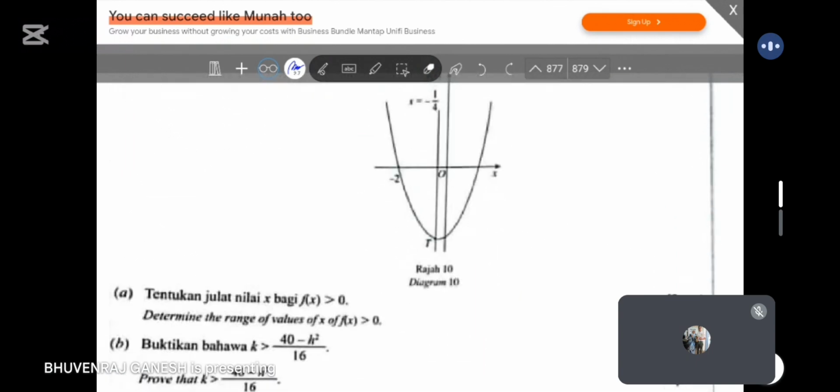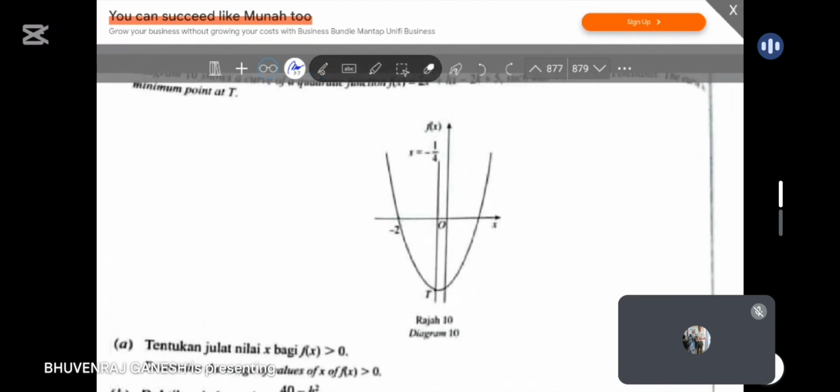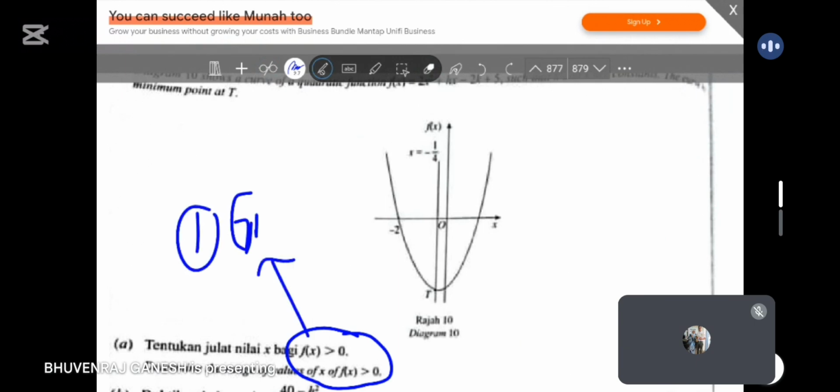For the first part, they ask you to determine the range of value of x when f(x) is greater than 0. Tentukan julat nilai x bila ada keadaan macam ni. So guys, how do we determine the range? Usually there are 3 methods. Ada 3 kaedah. First method, we call it graph sketching. Kaedah lakaran graf. Second method, anyone?